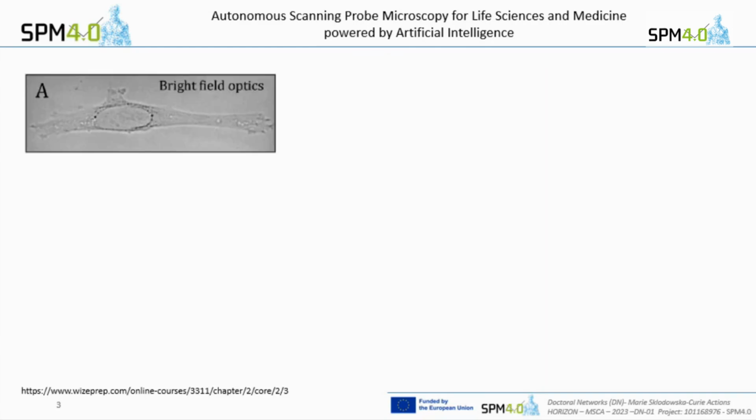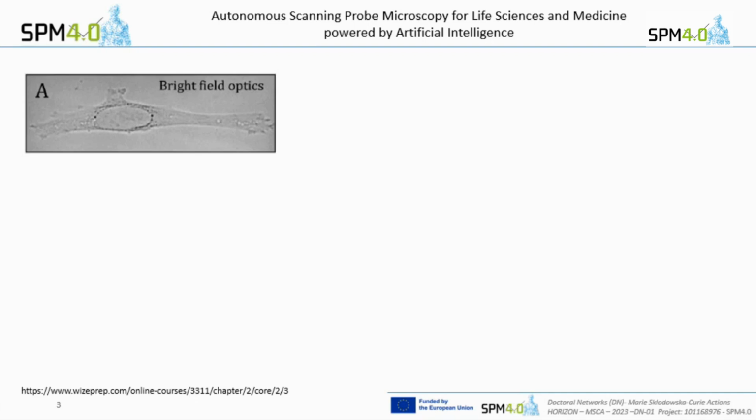This is just a basic bright field image of a cell under very good imaging conditions on a flat glass surface. Bright field imaging gives you contrast based on absorption, and you don't see much detail here.